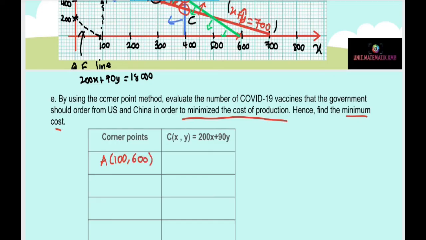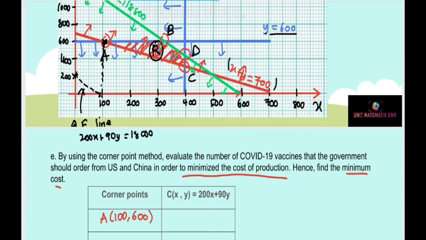Okay, and point B is the intercept between the green line and the blue line.